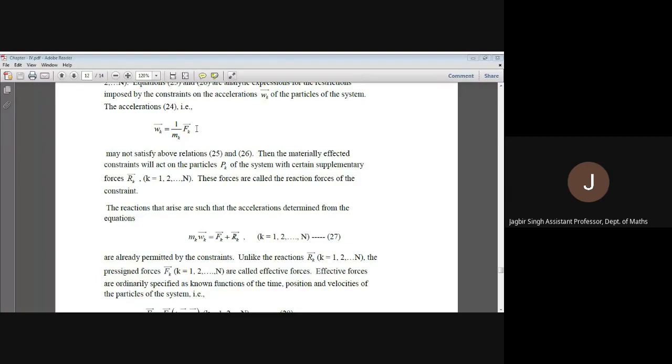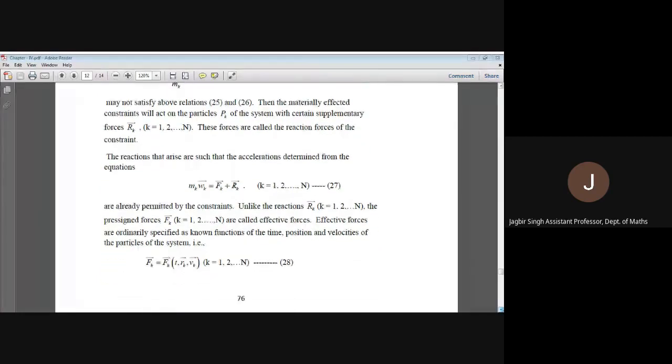So to continue the motion, we need extra force that is represented by Rk, and now the actual force is Fk plus Rk, and the acceleration is obtained from this equation. This acceleration will be compatible with the given constraint equations. Okay, so this is the actual force.